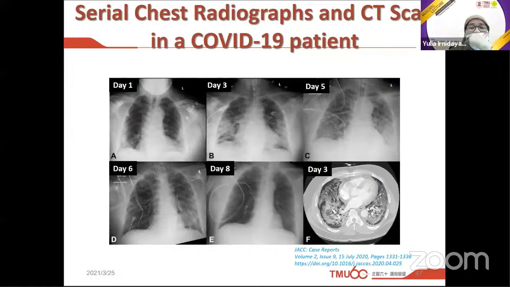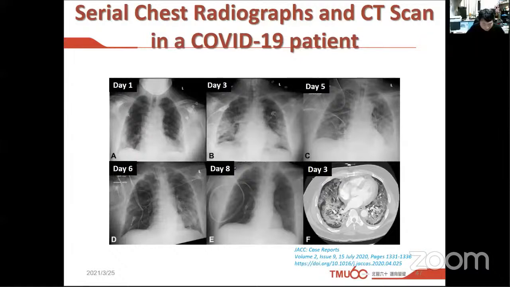A white spot here, and day 5, day 6, day 7, day 8, you can see gradual recovery, and you can see more dense lung tissue observed in the chest X-ray film.